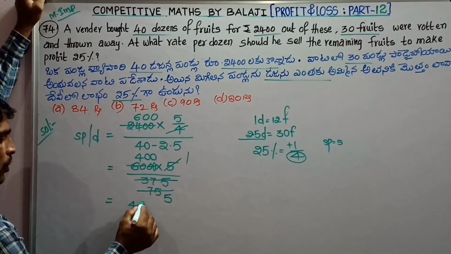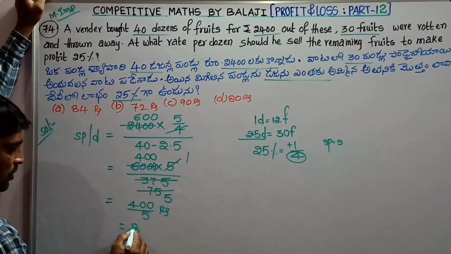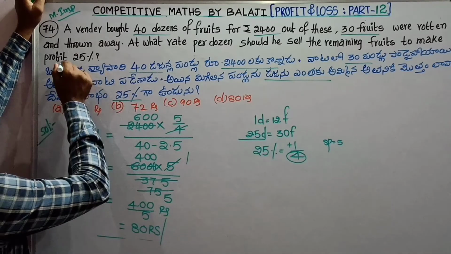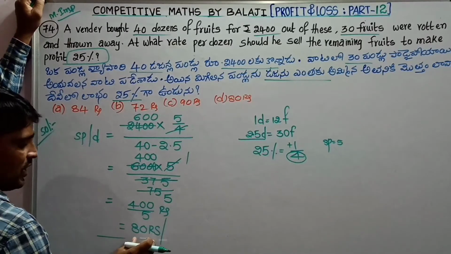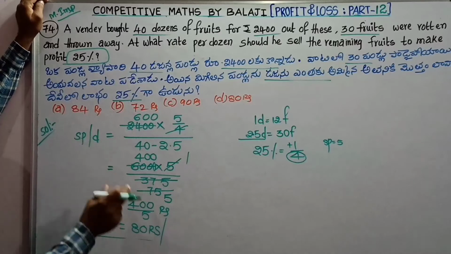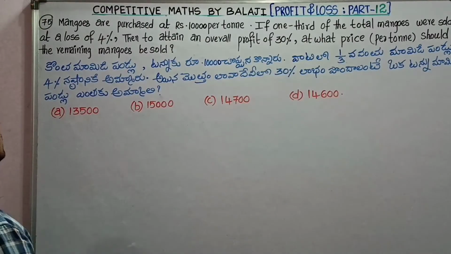So that is 400 by 5 rupees, which equals 80 rupees per dozen. So to get an overall 25% profit, the remaining fruits must be sold at 80 rupees per dozen. So SP of the remaining fruits per dozen is 80 rupees. So the answer is D.